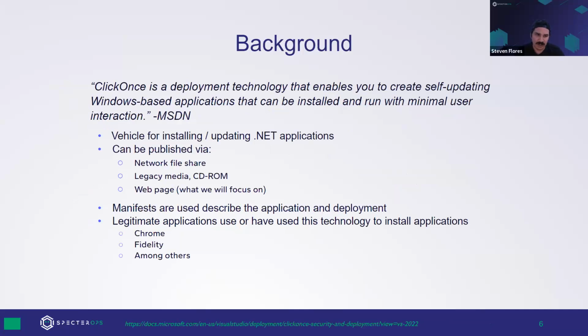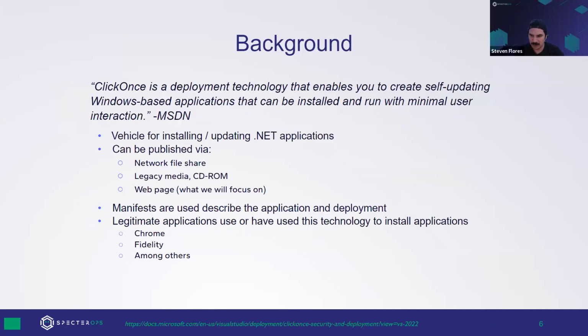So ClickOnce is a deployment technology that enables you to create self-updating Windows-based applications that can be installed and run with minimal user interaction straight from Microsoft. So what this really is, is a vehicle that's been used to deploy .NET applications to users that would like to use a particular application.